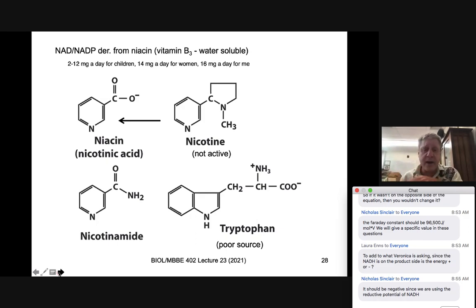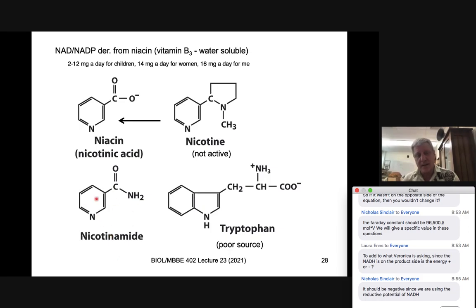It's very hard for us to actually produce niacin. Niacin, or nicotinic acid, is not an active form of nicotine, so smoking is not a way to provide you the appropriate niacin.